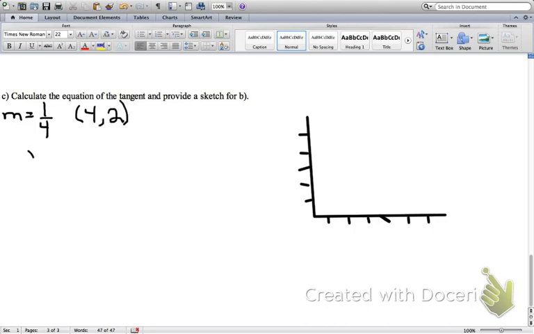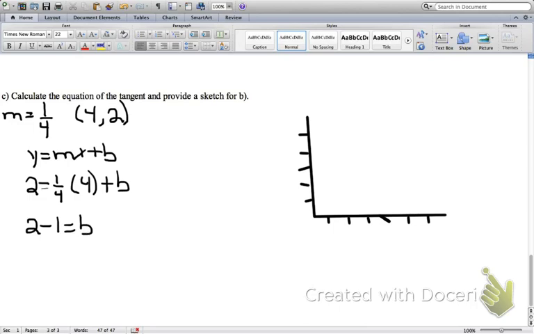So using those, we can sub it into our y equals mx plus b, our equation of a line. So sub in for our known values, so 2 equals 1/4 times 4 plus b. We all know that 1/4 times 4 is just going to give us 1, so we have 2 minus 1 is equal to b, so therefore b is just equal to 1. So therefore our equation is y equals 1/4 x plus 1.